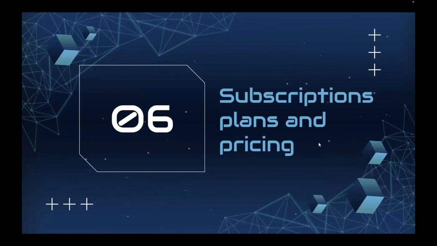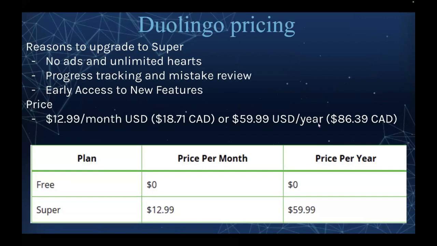Now we get to the fun part, the subscription plans and pricing. So what's this going to cost you? For Duolingo, they have a free tier, which is free forever, and then an unlimited and a super tier. That costs $12.99 a month or $60 a year. Getting that super tier removes ads from the app and gives you unlimited hearts, which is pretty much unlimited mistakes.